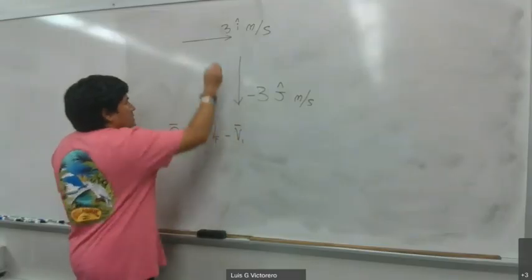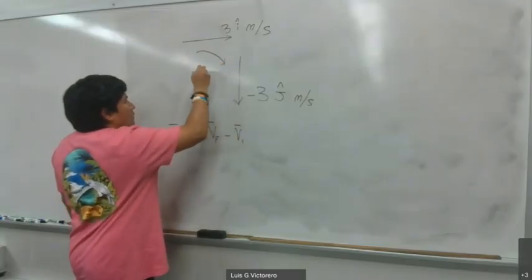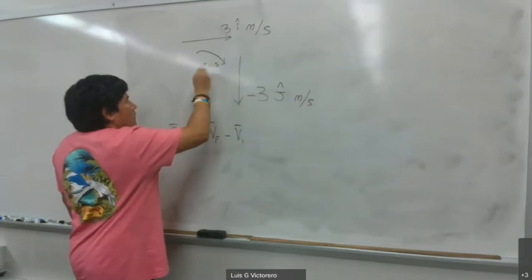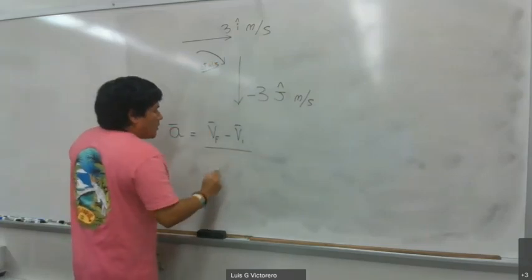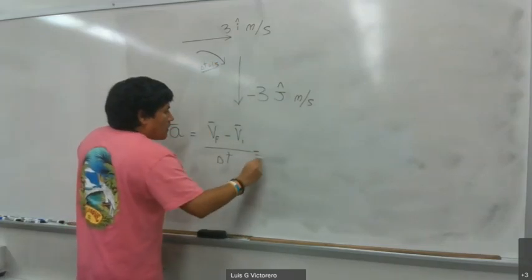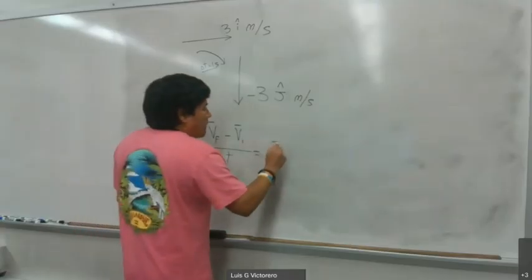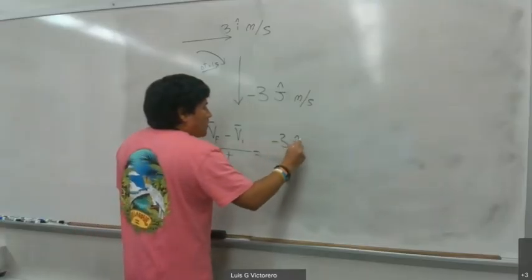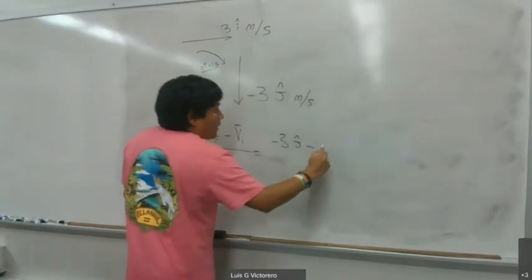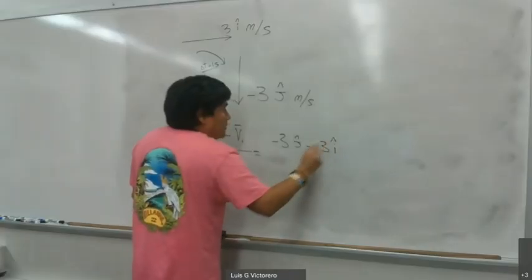Let's say this happened in 1 second, okay? So over delta t. V final is minus 3j. V initial is 3i. It's not going to be 0.